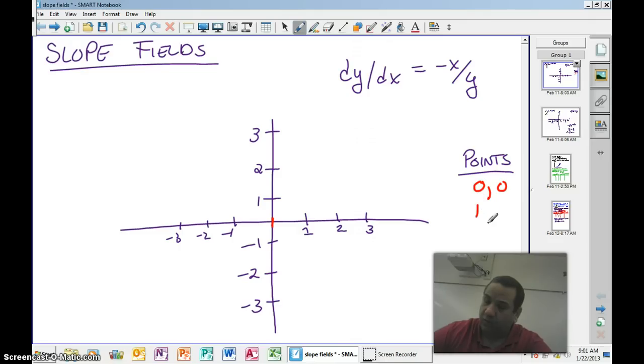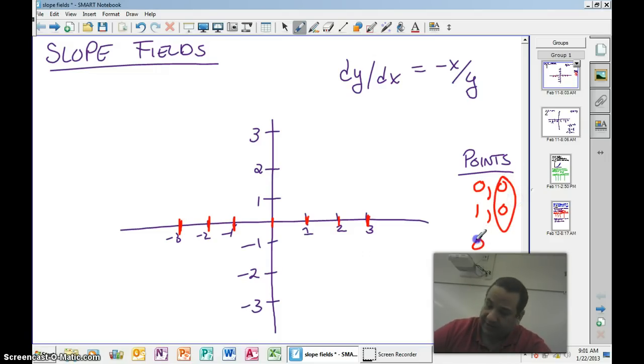Let's look at a point like 1, 0. When I plug it into this equation, I get negative 1 over 0. So anything with a y of 0 is going to be undefined. So y equals 0 is all these points right here, so they're all undefined slopes, which are up and down. That takes care of anything that has 0 here.